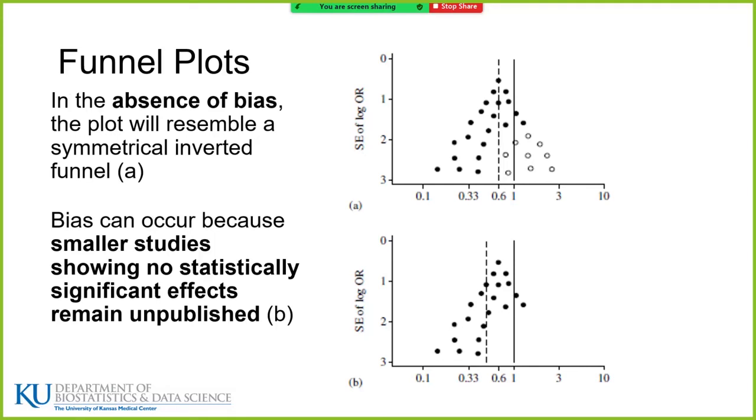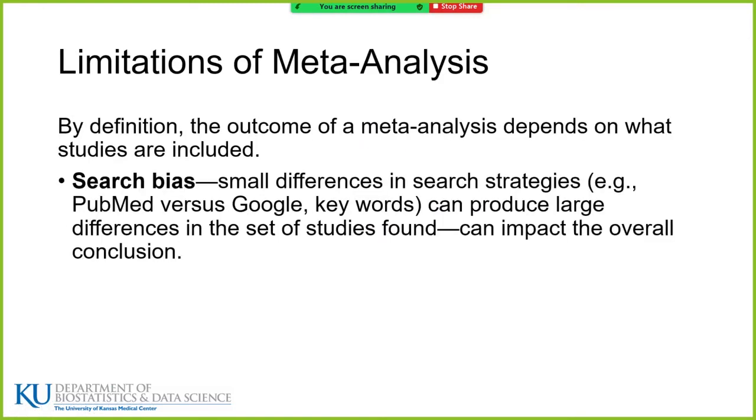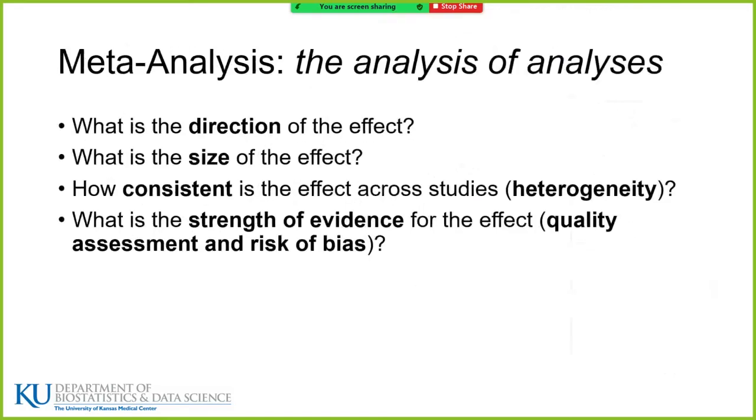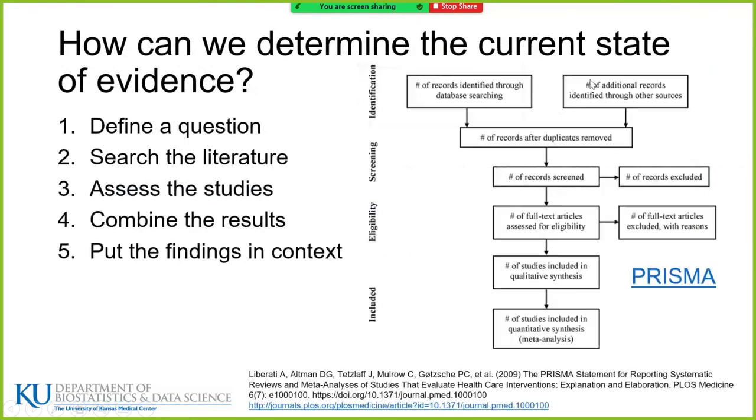Now, clearly, if a meta-analysis only uses 2 or 3 studies, the funnel plot won't be of much help. And so there are, just like in small studies, risks with a meta-analysis that's conducted in just 2 or 3 studies as well. Search bias is also another limitation of meta-analysis, so you have to make sure, this goes back to this figure.